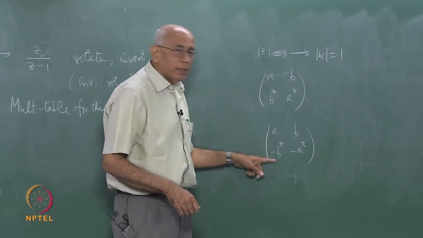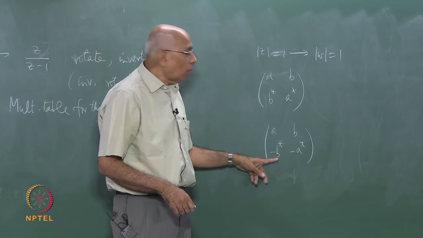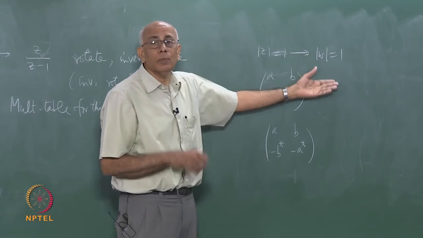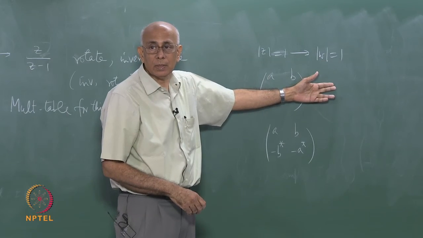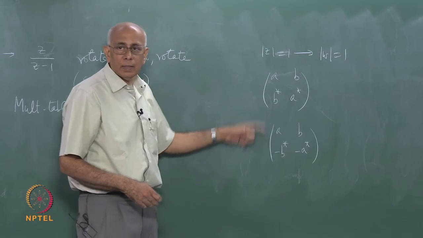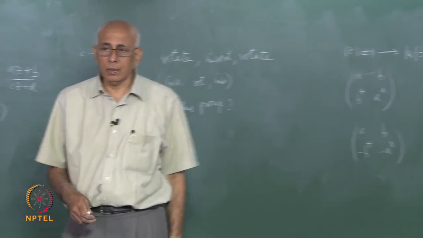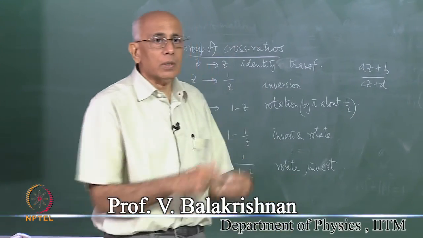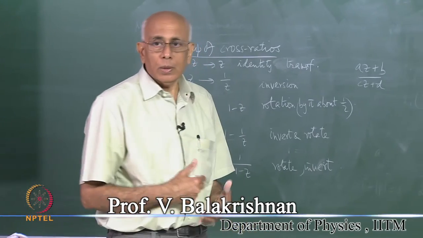On the other hand, under this set of transformations, points inside the unit circle here, mod Z less than 1, are mapped to mod W greater than 1 outside the unit circle, and vice versa. So that is the difference between this set of matrices and this set of matrices. There are two disjoint sets of matrices. Together they constitute the SU(1,1) group.